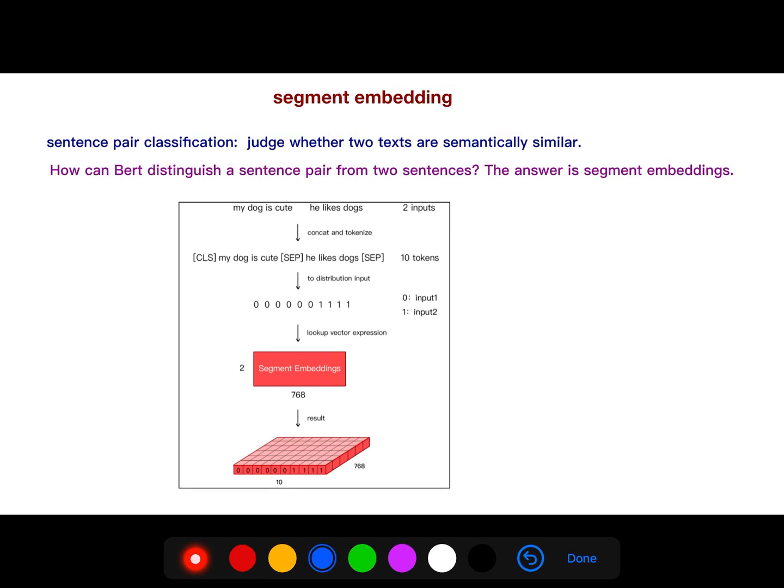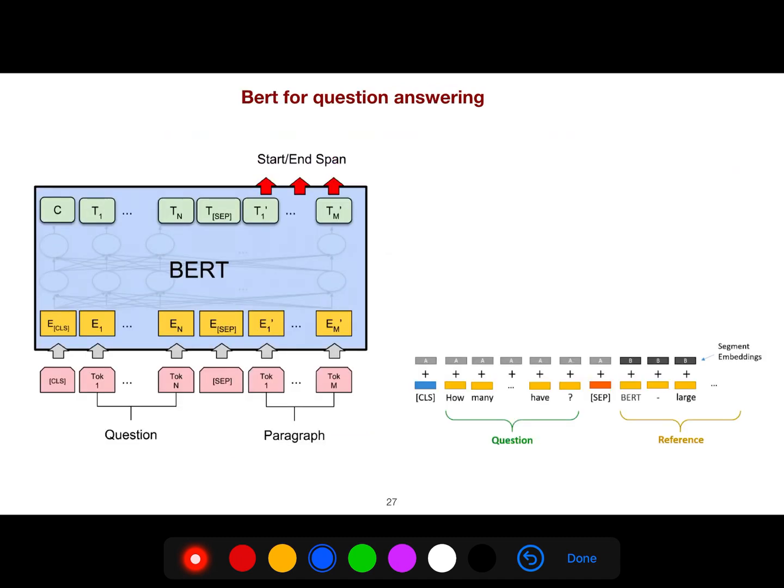So how can BERT distinguish a sentence pair from two sentences? For example, this is sentence 1, sentence 2. So we put 0 for sentence 1, 1 for sentence 2. So we add all of them, and BERT understands how two sentences are related.